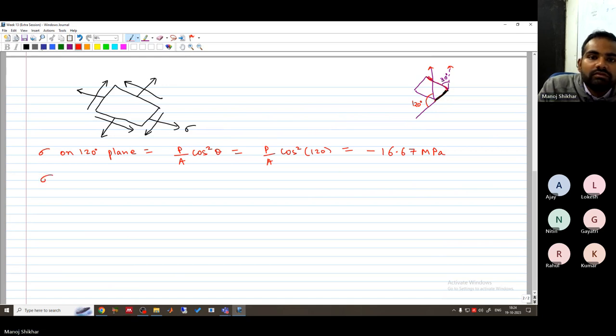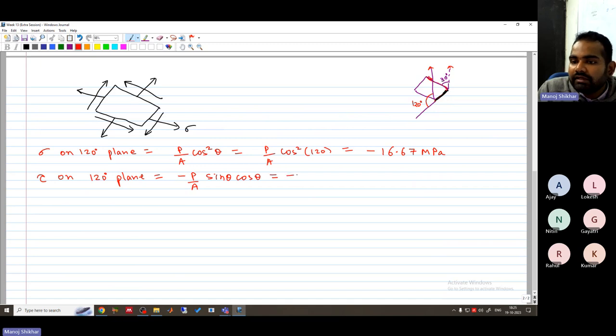Now, tau on 120-degree plane. We will use the formula minus P by A sin theta cos theta. And here you will put sin 120 and cos 120.